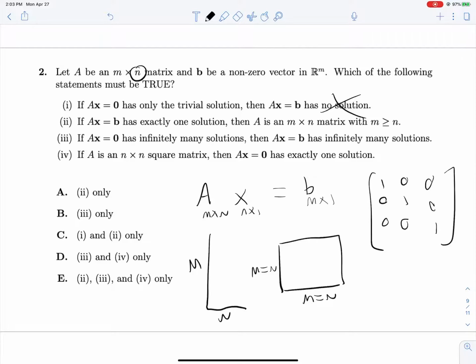This should be true, because in order to have exactly one solution, our transformation matrix A has to be 1-to-1, and a 1-to-1 transformation happens if and only if the columns of our matrix are linearly independent.